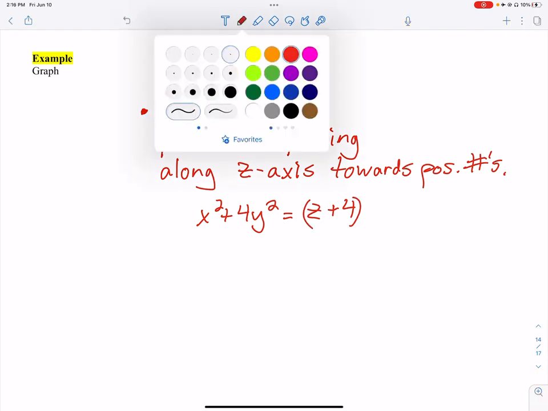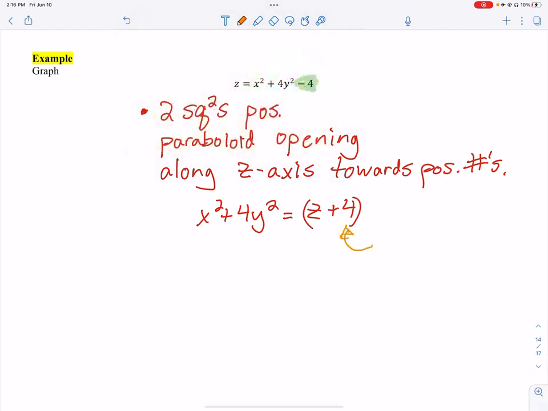Maybe some of you are seeing it already, but this is just the graph, if the 4 wasn't there, shifted down 4 on the z-axis.